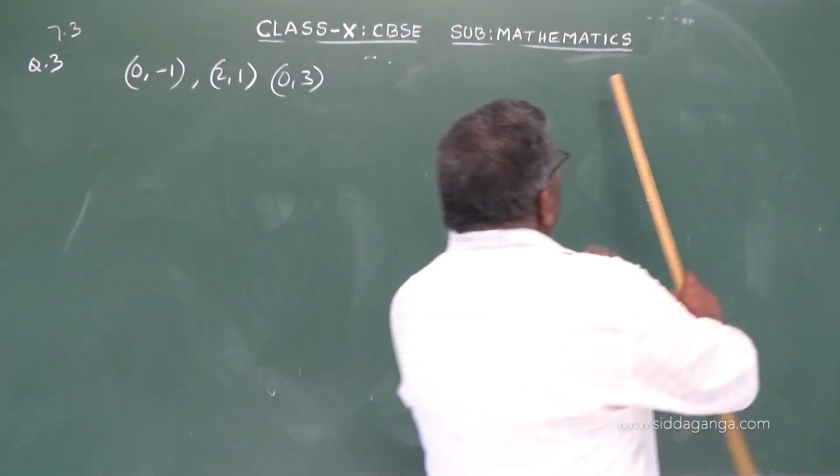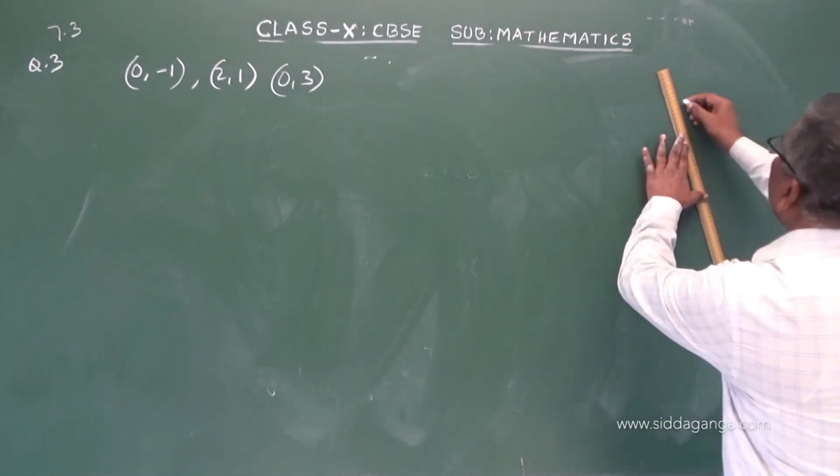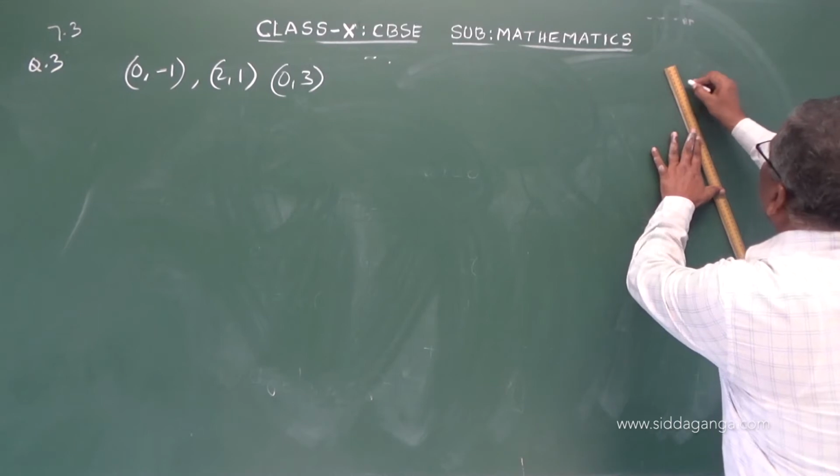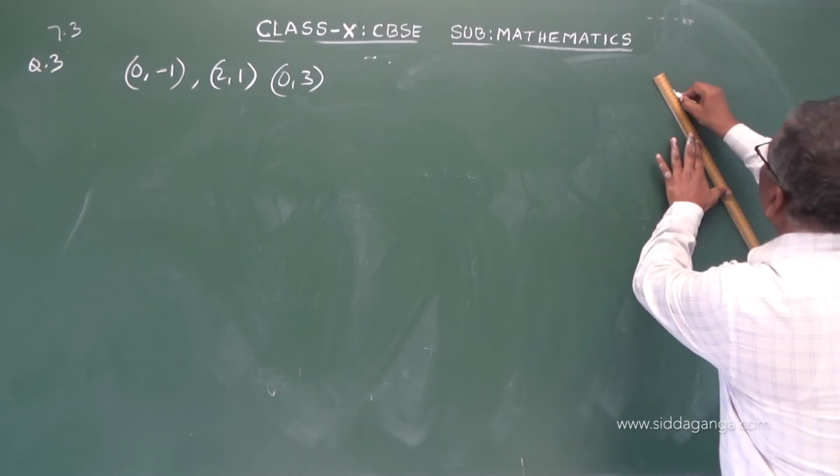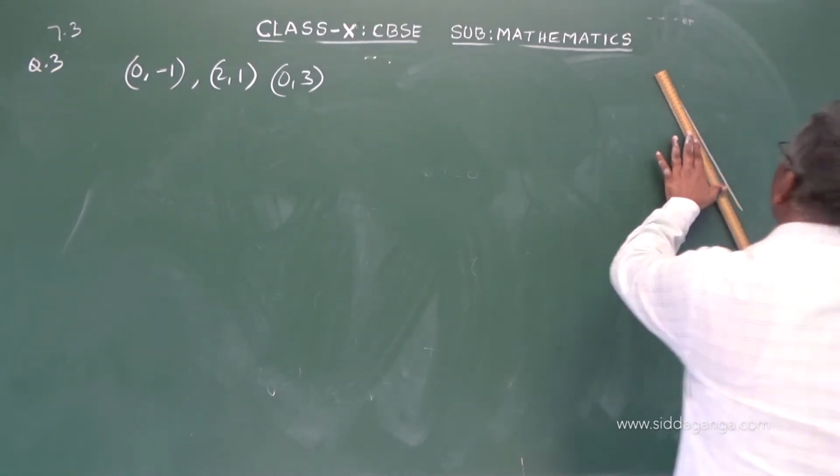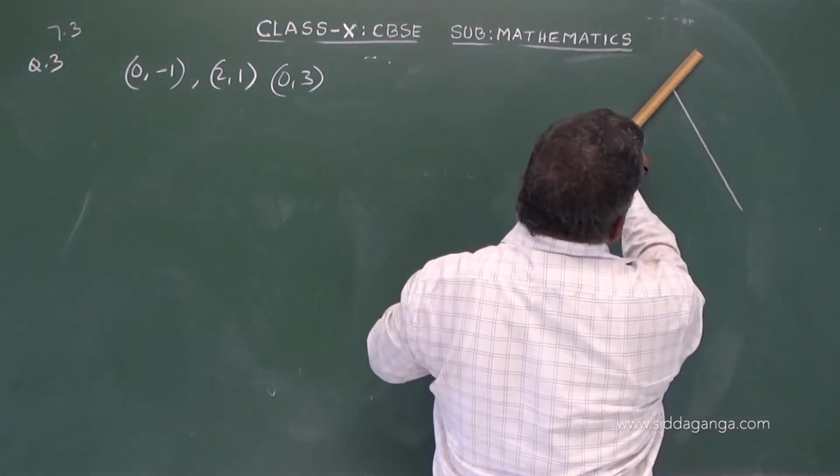See, here it is like this. We have a triangle ABC.